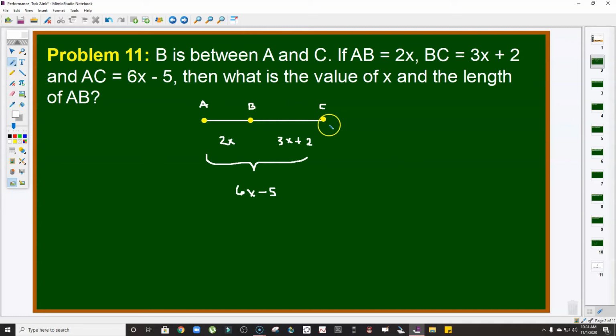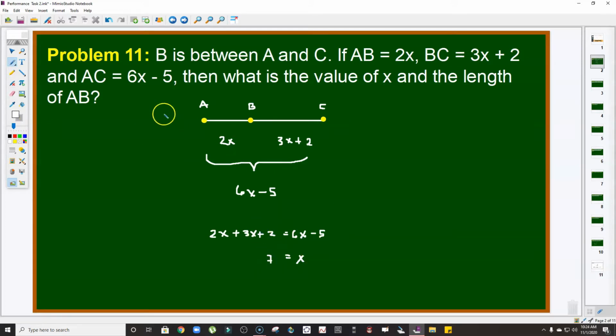So, by the segment addition postulate, we have 2x plus 3x plus 2 equals 6x minus 5. As simple as that. So, combining like terms, this is 5x, transpose to the other side, I'm going to have x here, this is 2, this is negative 5, I'm going to have 7.